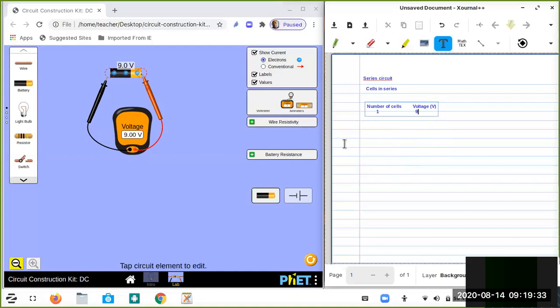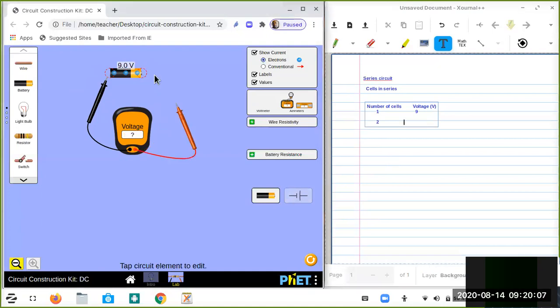Then if we have 2 cells, what's going to happen? Let's see what is going to happen for 2 cells. How much voltage? Let me go back there.